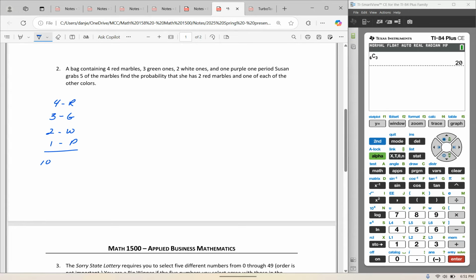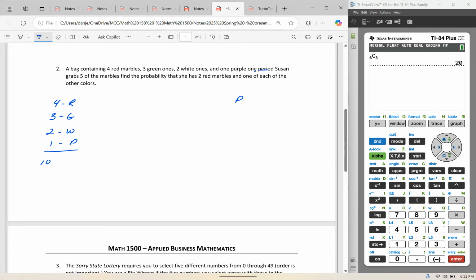That's a total of 10 marbles. This time, Susan grabs 5 of the marbles. Find the probability that she has 2 red marbles, and 1 of each of the following colors. So she wants to pick 2 red, 1 green, 1 white, 1 purple.